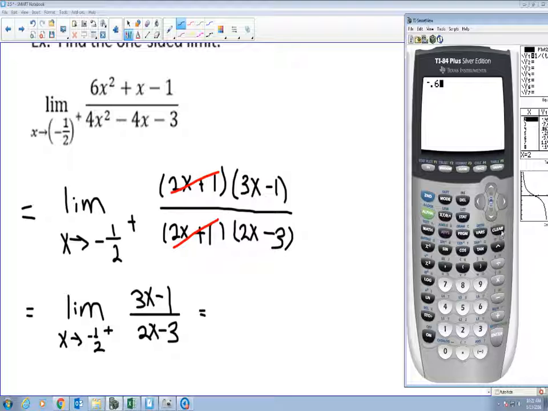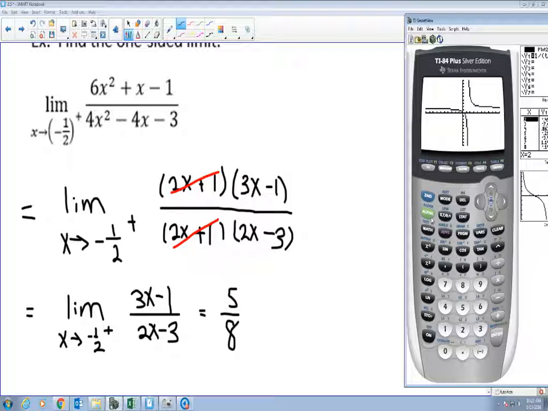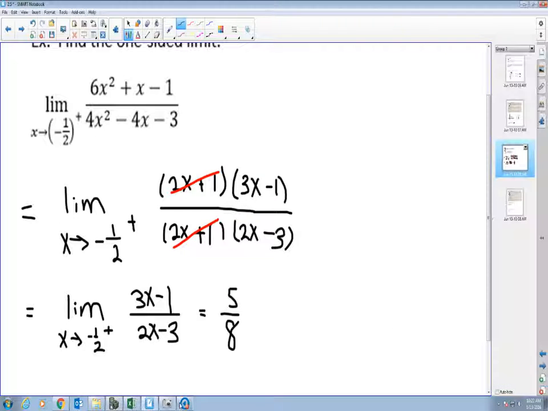Excuse me, positive 0.625. If I convert it to a fraction, that would be 5/8. Very good. Alright, so my limit is 5/8. Okay, at negative 0.5, I'm actually already above the x-axis. That's why my answer is positive.